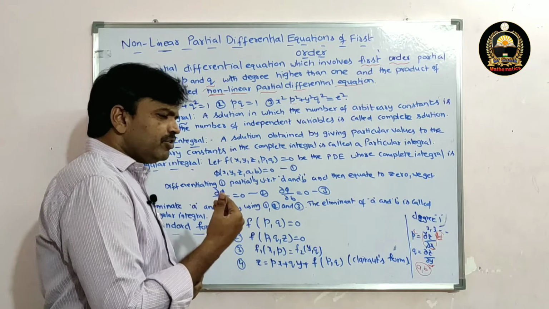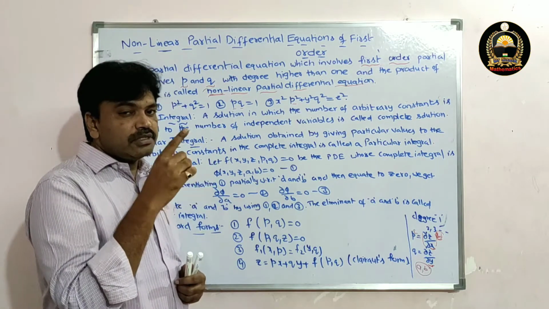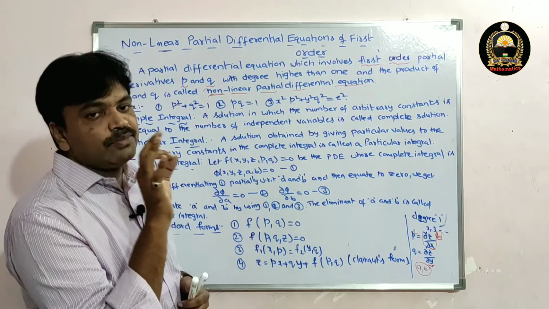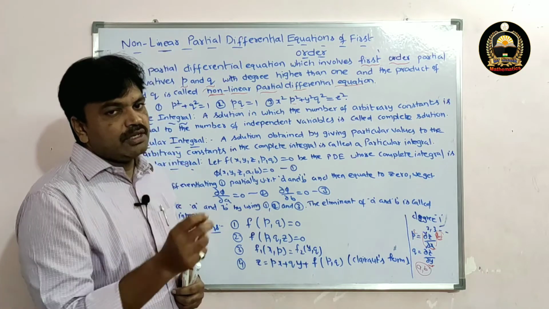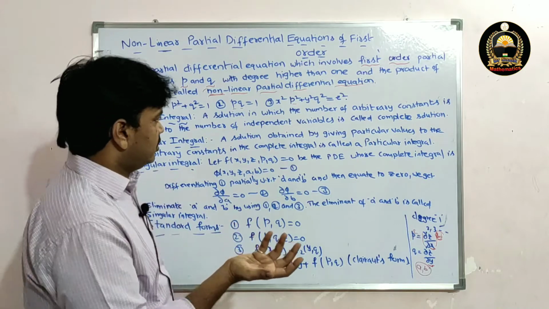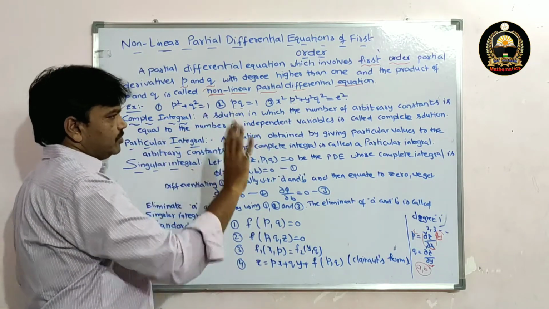If there are 3 independent variables, there are 3 arbitrary constants. If there is 1 independent variable, there is 1 arbitrary constant. Then the solution is called complete solution.